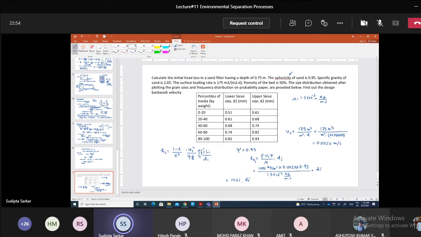And let us now get, we have probably everything. E is 0.5. Okay, and what else? We know almost everything. Specific gravity of sand is 2.65. So rho of sand is 2.65 per thousand.